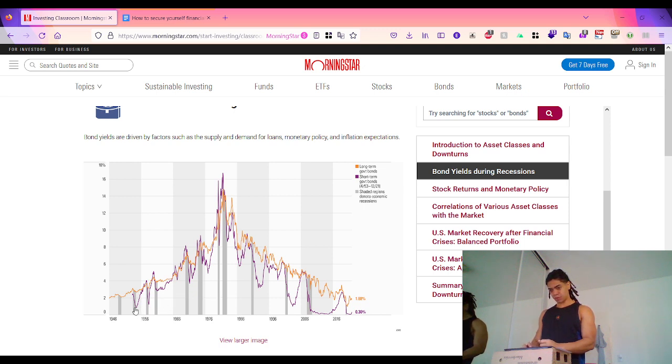So from this graph, what I can see is that during those economic recessions since the 1980s, the demand for bonds decreased vastly.